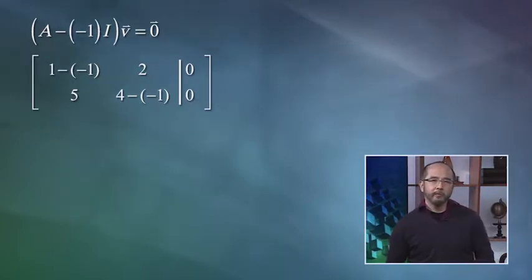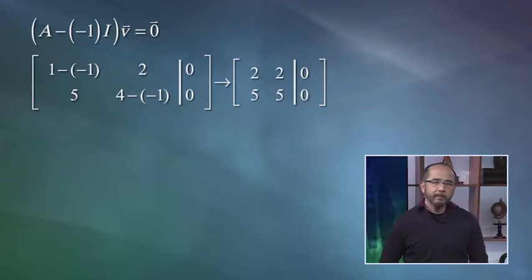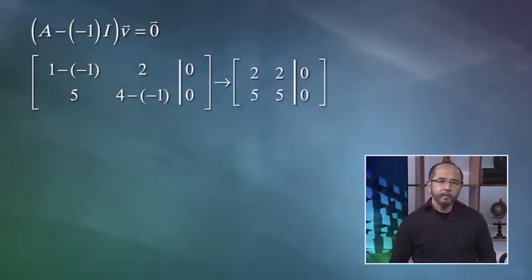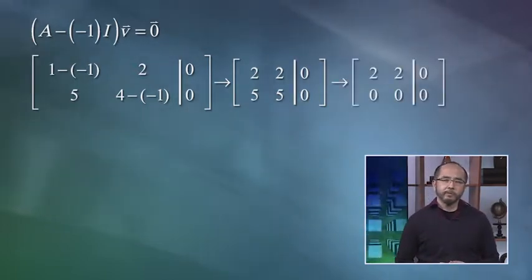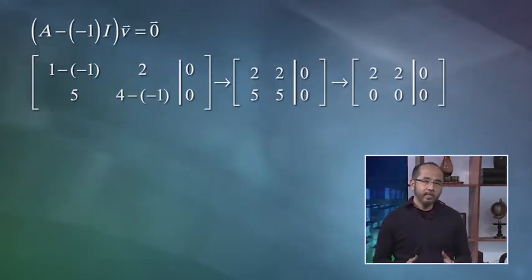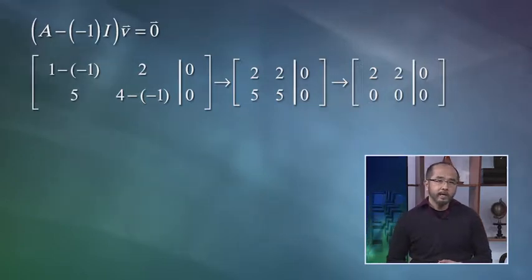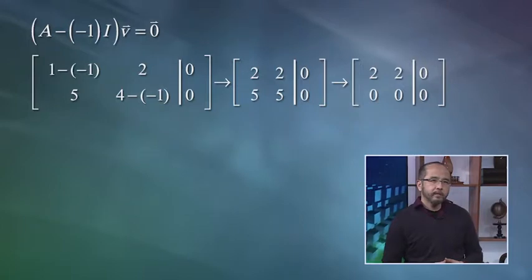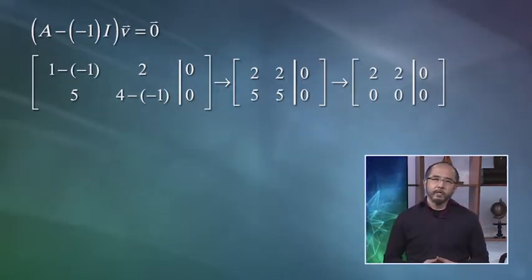This gives the augmented matrix with rows 2, 2 and 5, 5 on the left, and zeros on the right. The second row turns out to be a multiple of the first, so it can be row reduced to a row of zeros. Again, this shouldn't surprise us, because if the matrix A minus (minus I) is going to have a non-trivial null space, it better not be invertible. So its rank should be less than 2, so it better have a row of zeros when it is reduced.